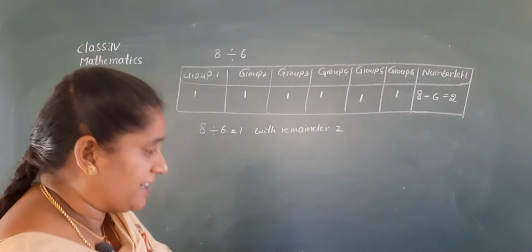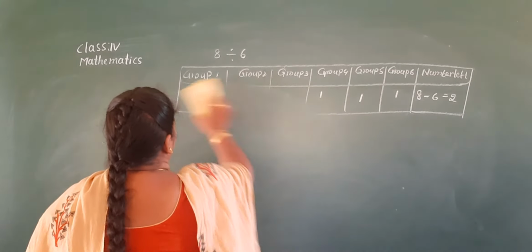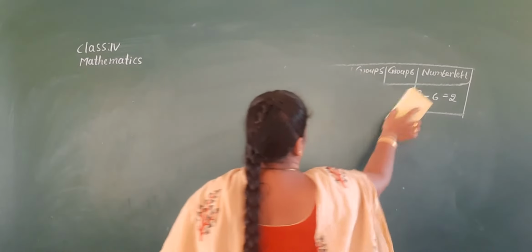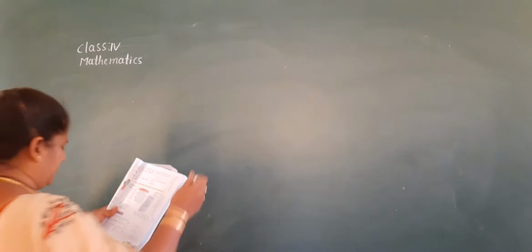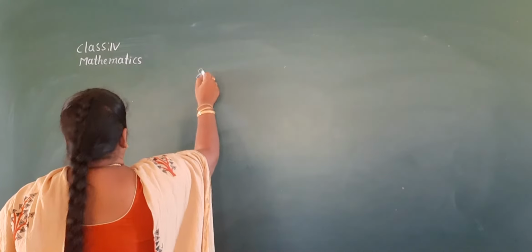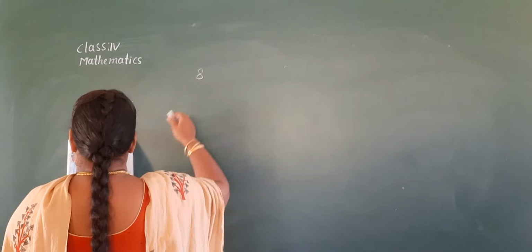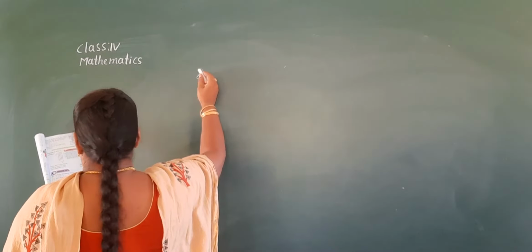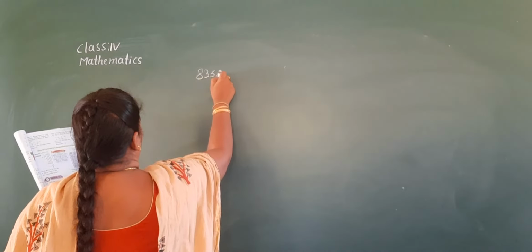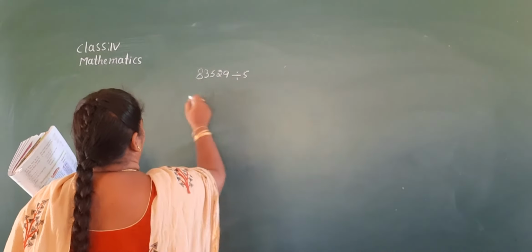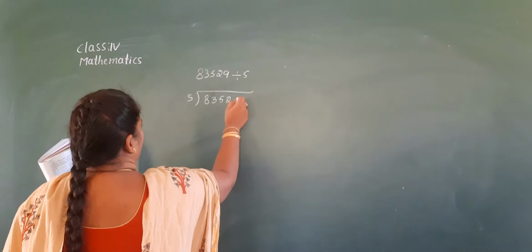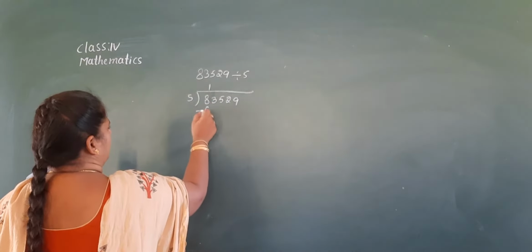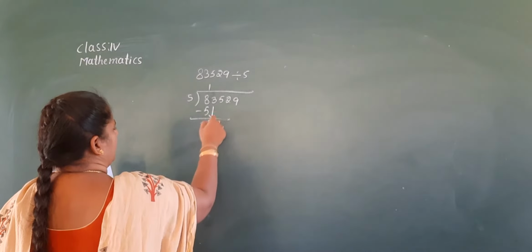Now I will explain the long division method. One problem I explained: 83,529 divided by 5. First you have to arrange it. 5 ones are 5; 3, take down 3.